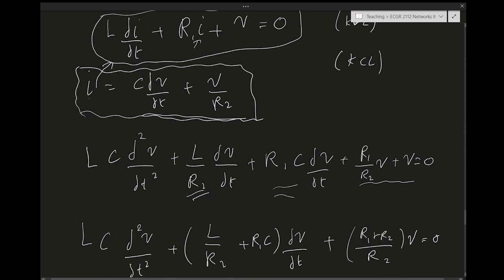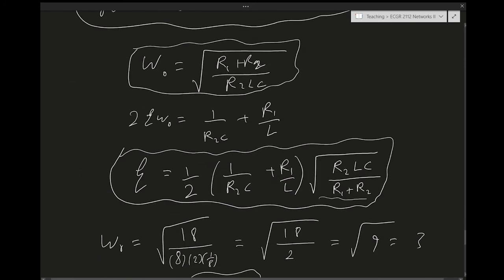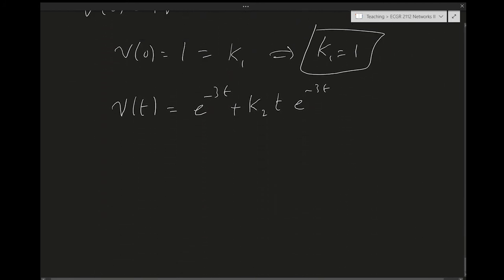I equals C dV/dt plus V over R2. And then what's dV/dt? dV/dt is just going to be minus 3 e^(-3t).